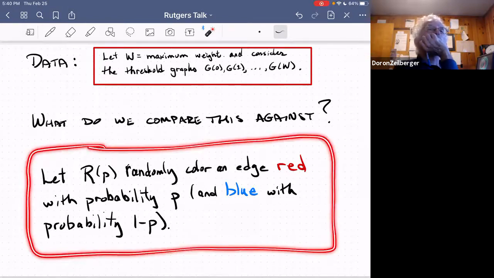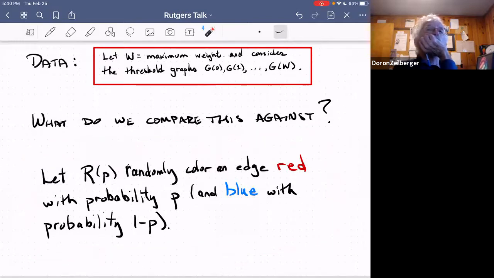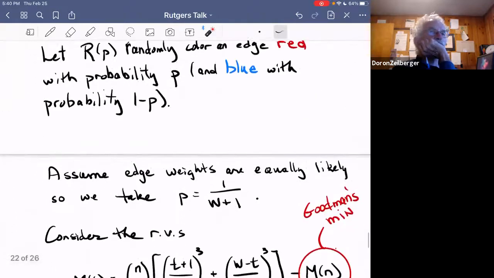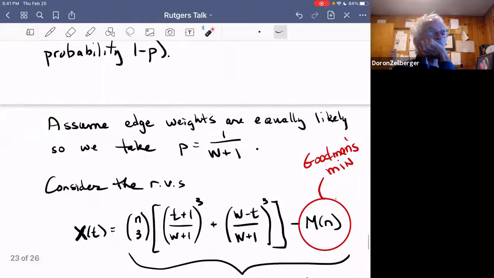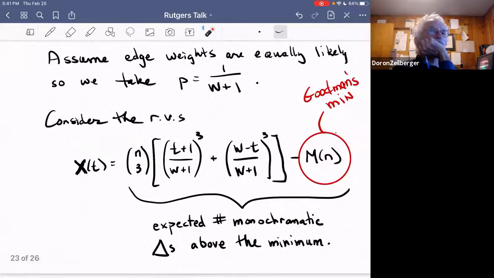So what we're going to look at is R of P, the process of randomly coloring an edge red with probability P. And so necessarily it's blue with probability 1 minus P. So I've got this random graph, but it's based on P. And this is where I would disagree with them: they used each edge is equally likely.